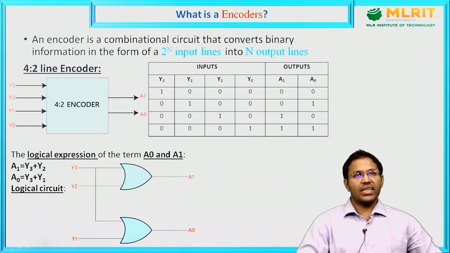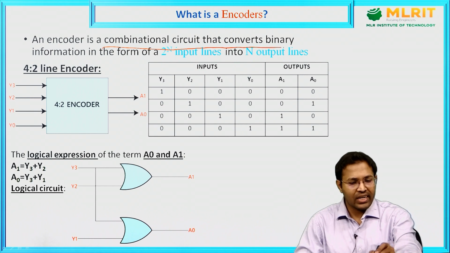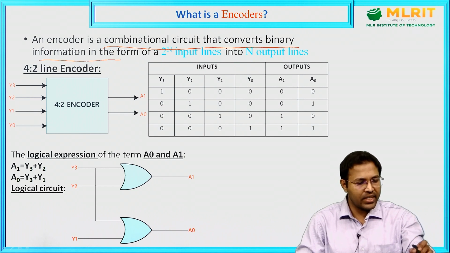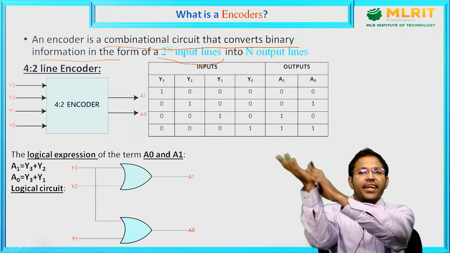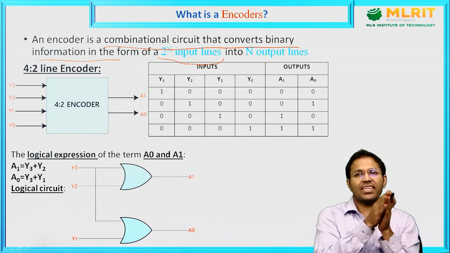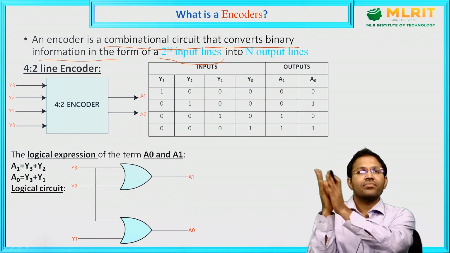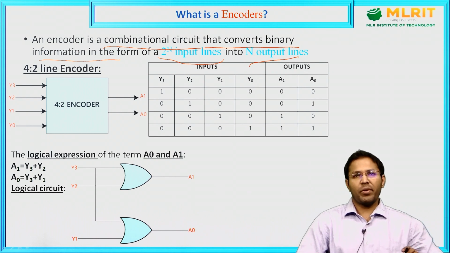So first, what is an encoder? It is a combinational circuit that converts binary information which is in the form of 2 power n inputs to n outputs. In simple words, we are converting an information which has 2 power n inputs into n outputs. What do we mean by that?